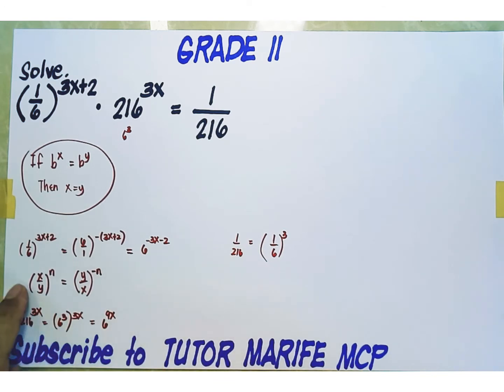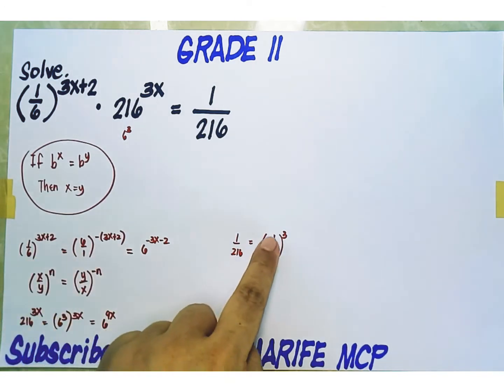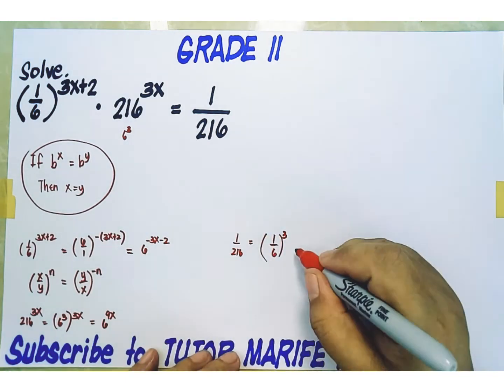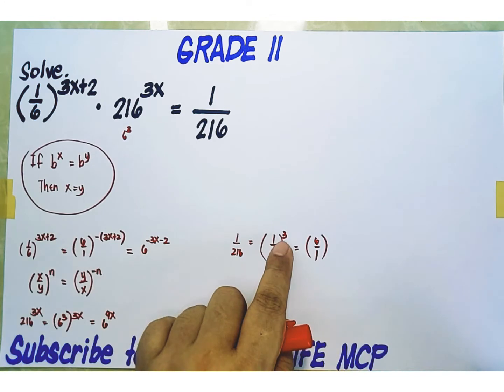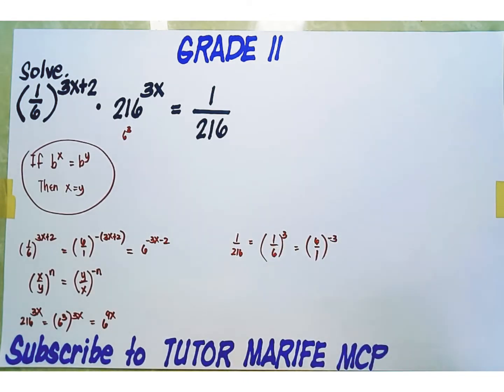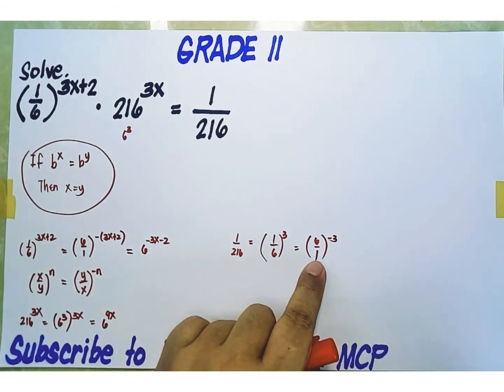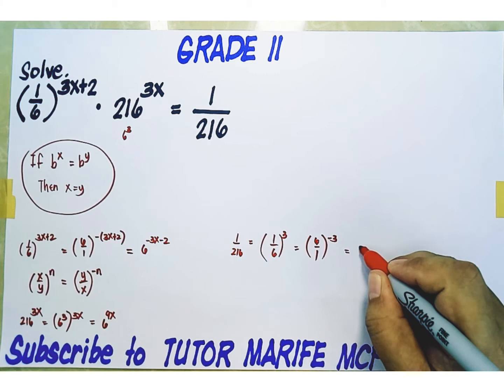Then we will use this basic property of exponent once again. Flip the fractional base. It becomes 6 over 1 and change the exponent to its opposite, -3. Then we can omit divided by 1 because 6 divided by 1 is still equal to 6.